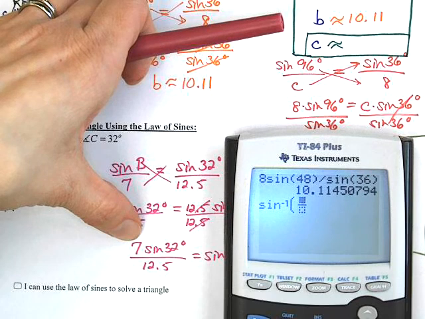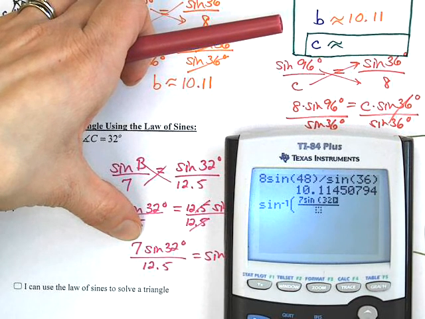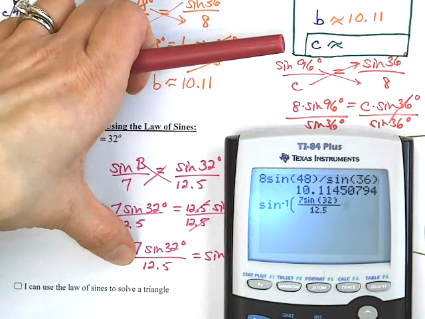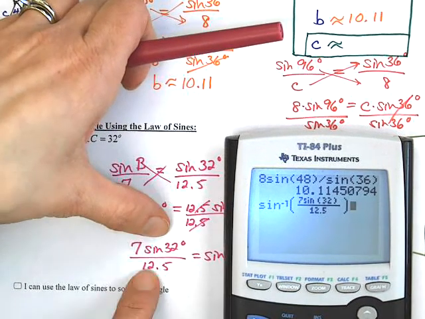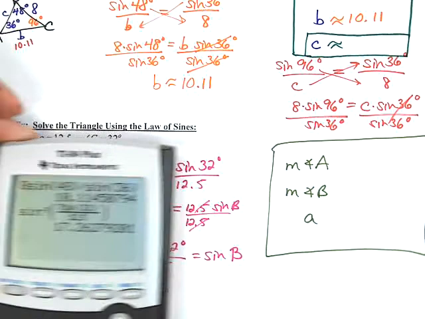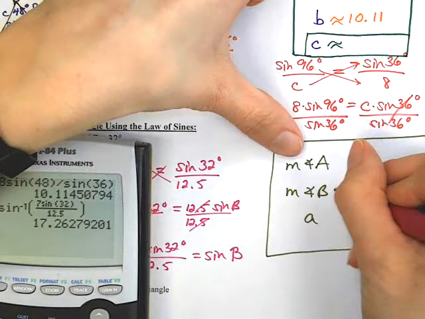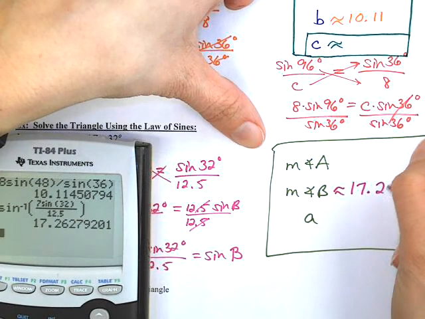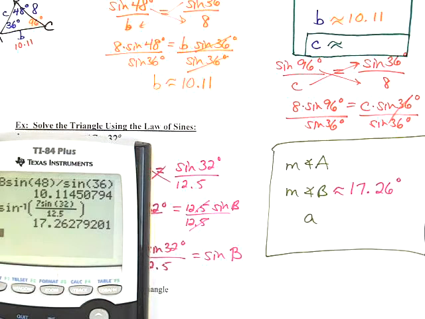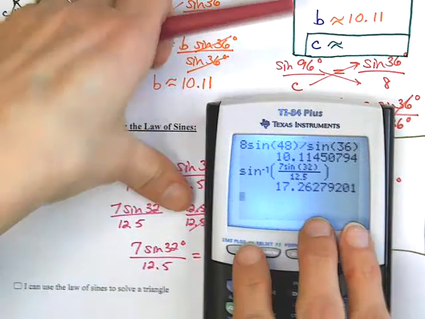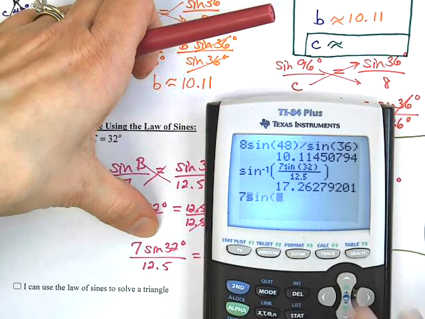So we've got 7 times the sine of 32 degrees on top, 12.5 on the bottom. So I'm going to inverse sine this ratio over here. And the measure of angle B is approximately 17.26 degrees.